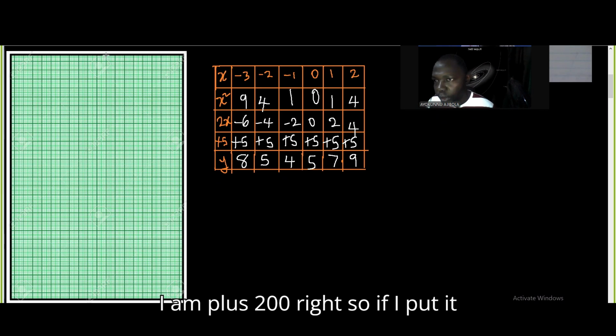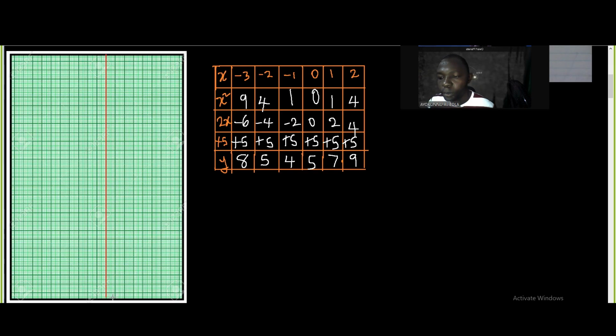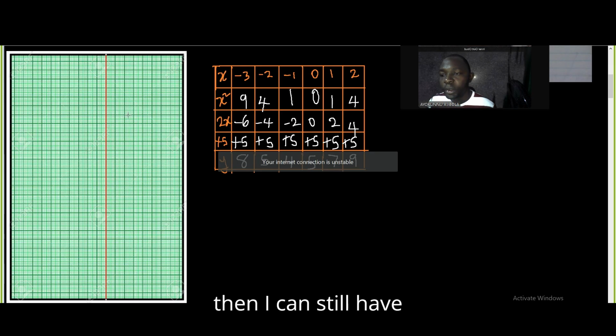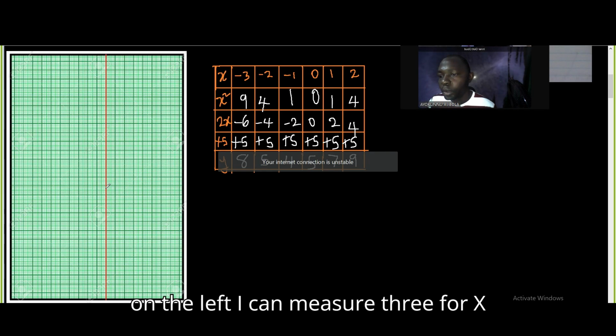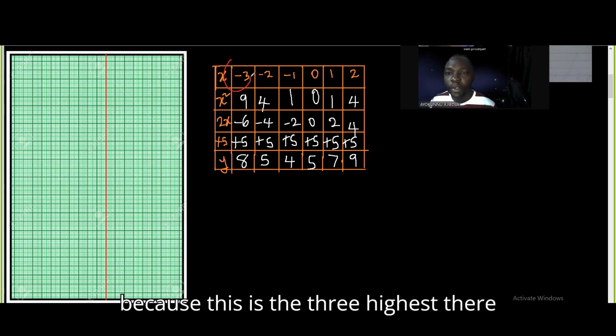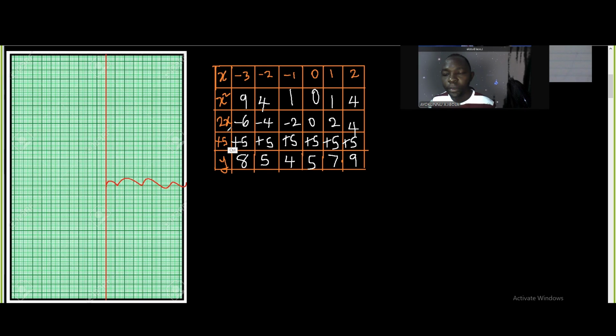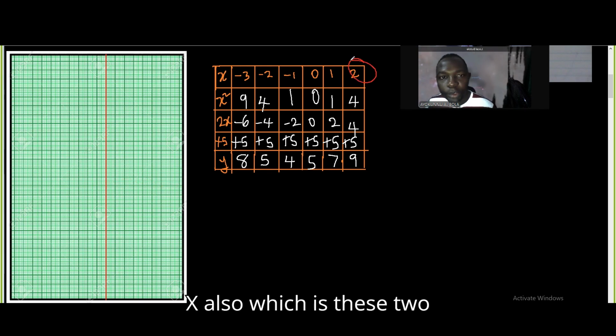If I put the y-axis somewhere here, then on the left I can measure 3 for x, and I can measure 2 for x also.